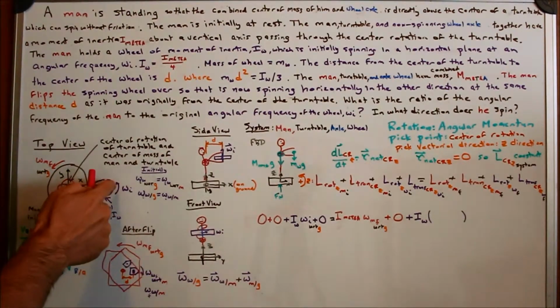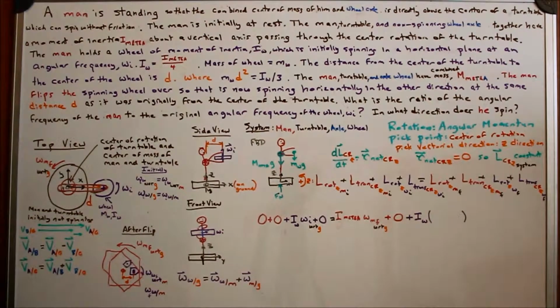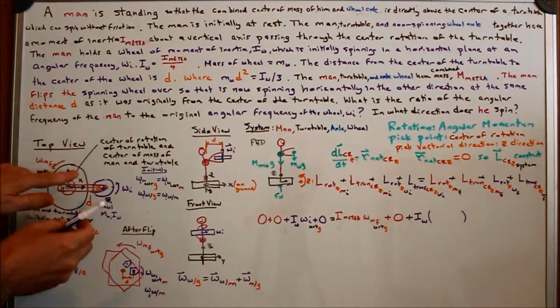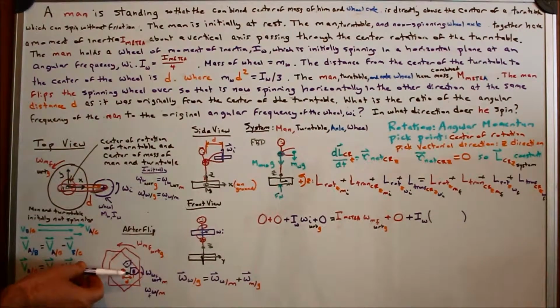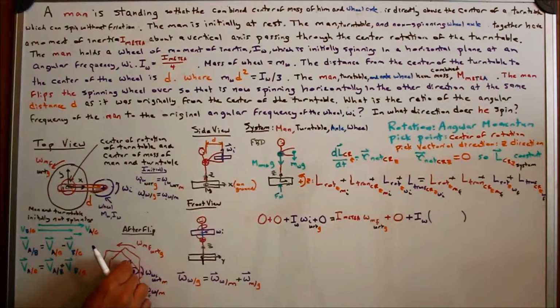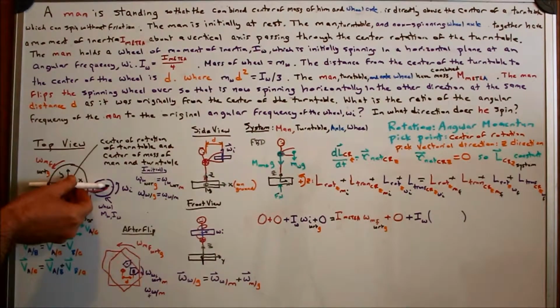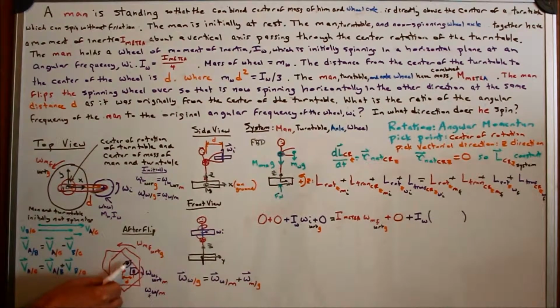If there was a mark on the wheel, some little mark, and we just watch that mark. So let's pretend the wheel's not spinning, but the man's holding it and he's rotating. So it's pointed this way, and then as the man's holding it and he rotates here, it stays the distance d away from the center of rotation, but this point is now pointed in a different direction.